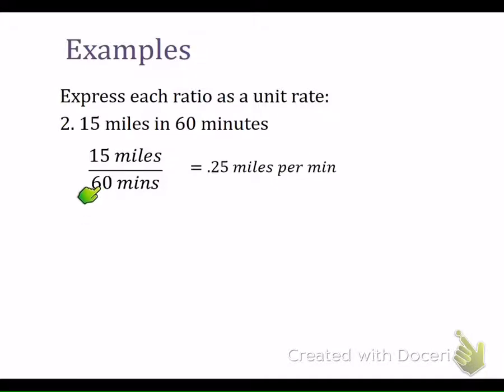I heard someone say, oh, just make it 1 hour. I would not get in the practice of changing the units for a unit rate. I would just keep the units as they are. Okay, so if it takes you 60 minutes to go 15 miles, a unit rate is how far you can go in 1 minute. So you just divide the 15 by 60. Okay, so you're basically just dividing and writing it with the word per whatever units this is. Do you guys have any questions?